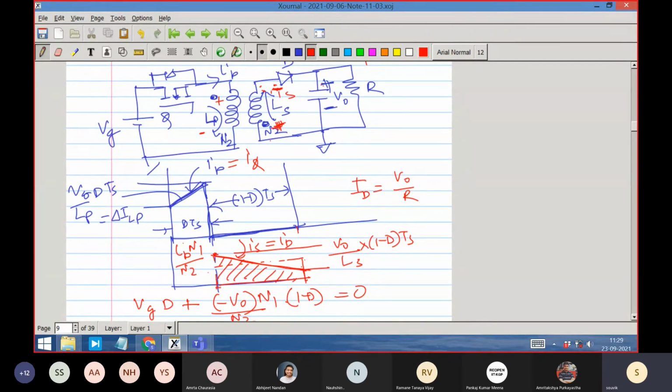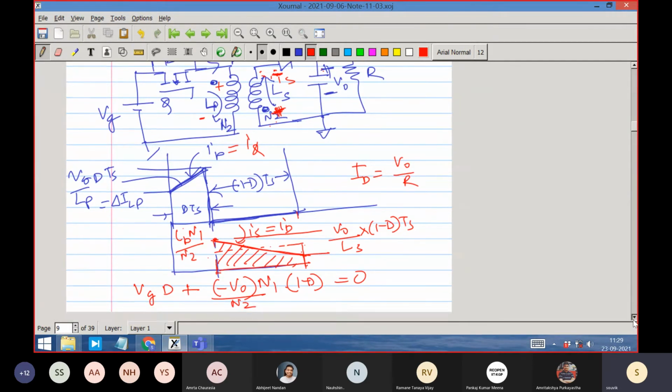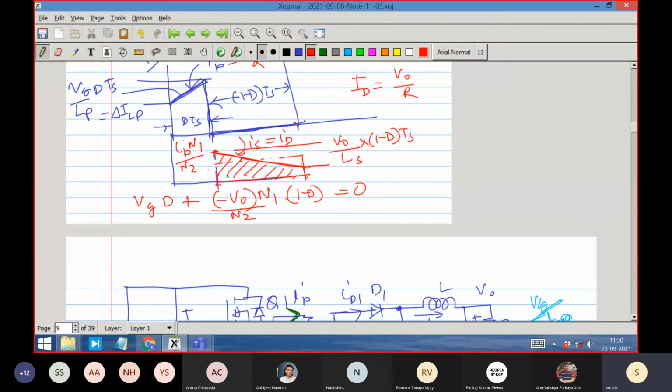But the actual convention is that this terminal is plus. So Vs is equal to minus V naught. Looking at the secondary side, it will be minus V naught into N1 by N2, reflected in the primary side as minus V naught into N1 by N2.